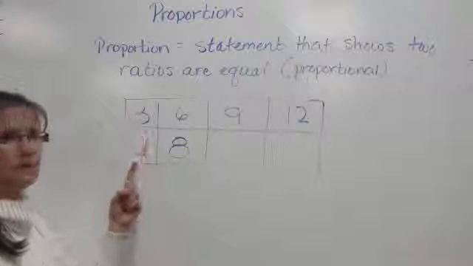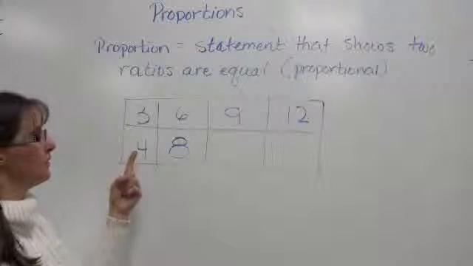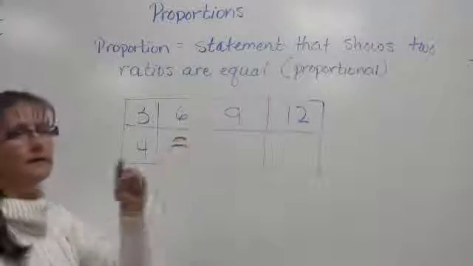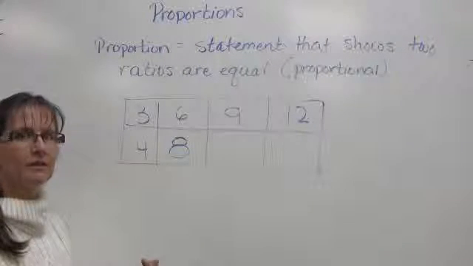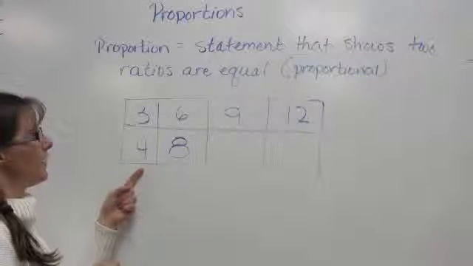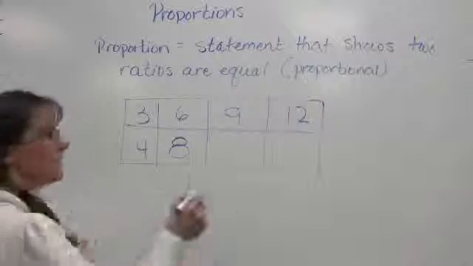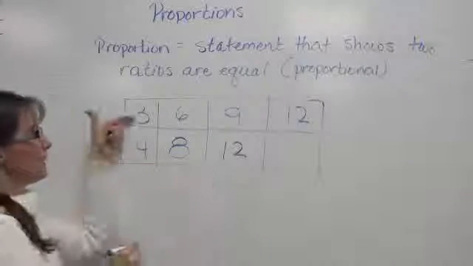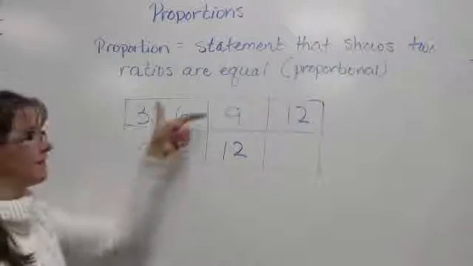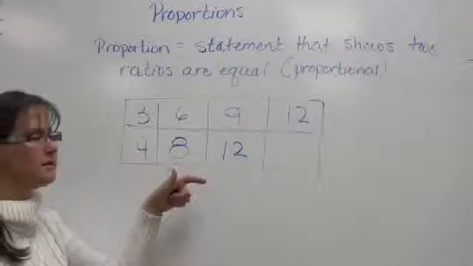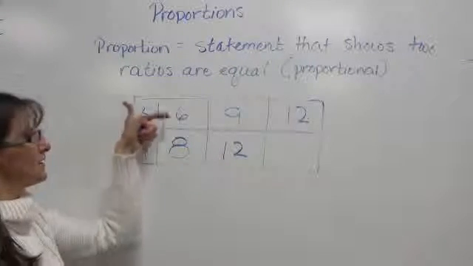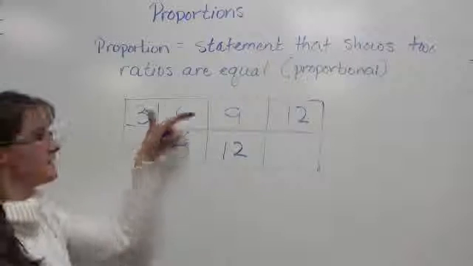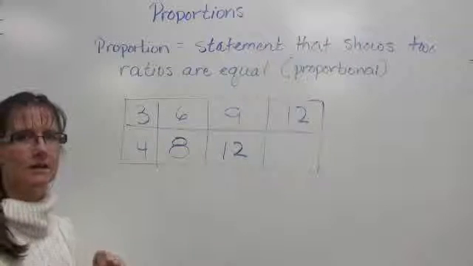So now going back to my original ratio, how did I go from 3 to 9? I multiplied by 3. So I could multiply 4 times 3 and get 12. 3/4 is the same thing as 9/12. 3/4 is the same thing as 6/8. 6/8 is the same thing as 9/12.